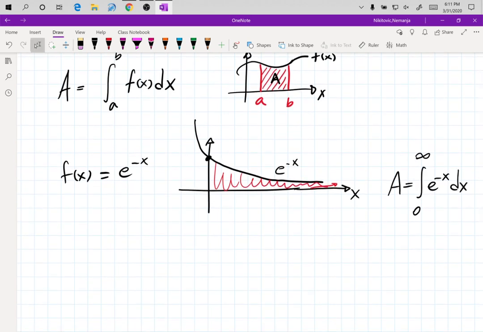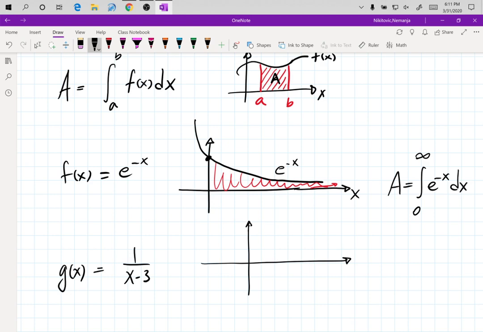So if I have, let's say, g of x to be 1 over x minus 3, that would be a rational function, right? 1 over x, which is shifted 3 units to the right because it was minus 3. So you would have this situation.